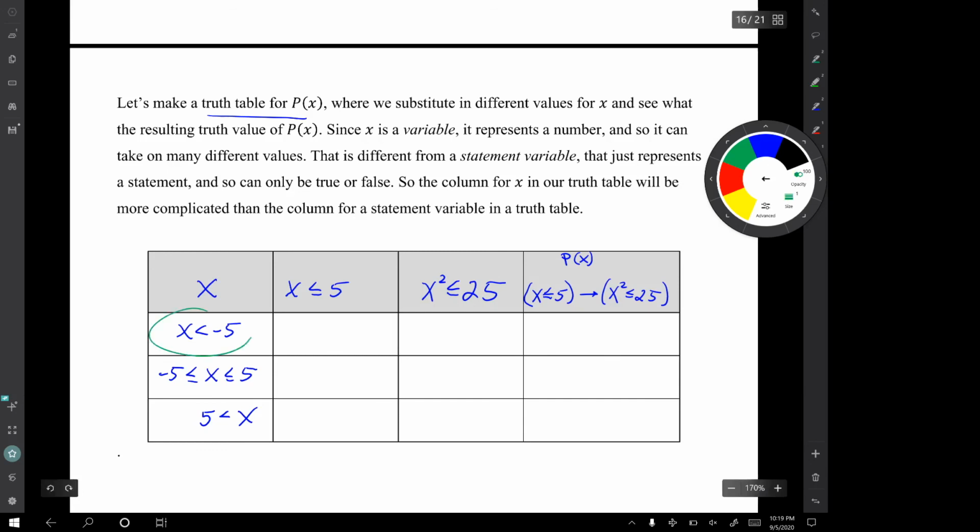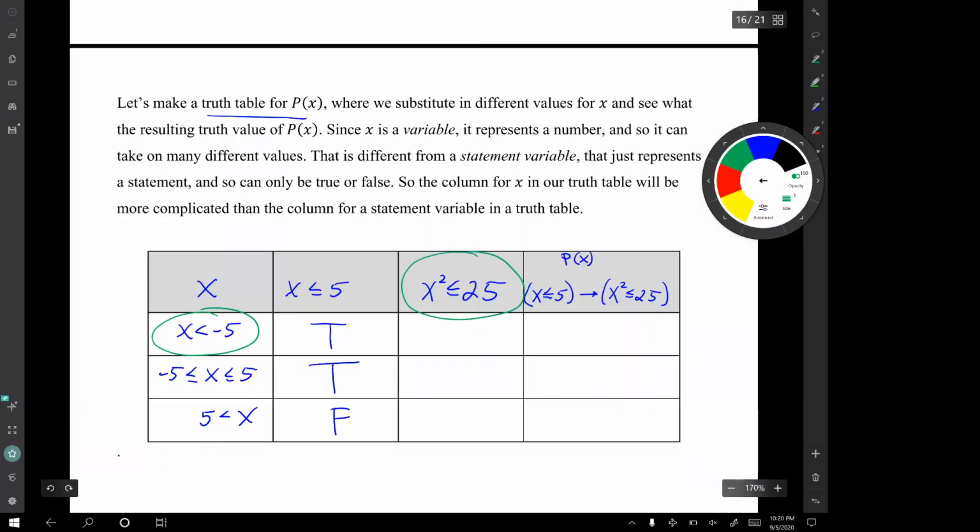So notice that if x is less than -5, then x less than or equal to 5 will be true. If x is in that interval, then this inequality will be true. But if x is greater than 5, then this inequality will be false. Now let's look at this column.